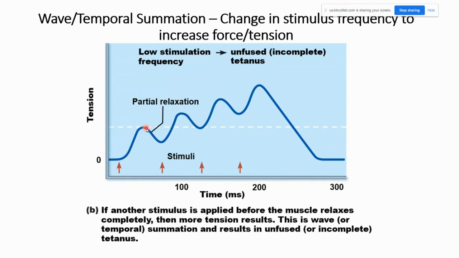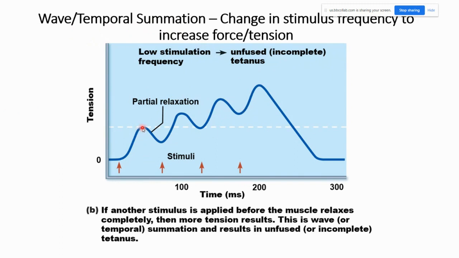So before a muscle can completely relax, we can build on that contraction, increasing the tension in the muscle. This is called wave summation, and summation means adding on each other. So we get these waves because one contraction's added to the next. That's called wave summation.